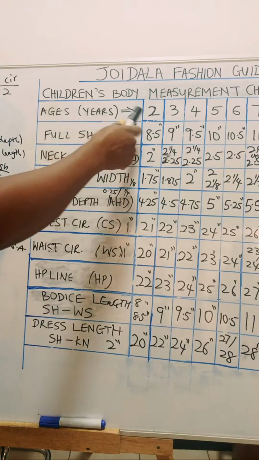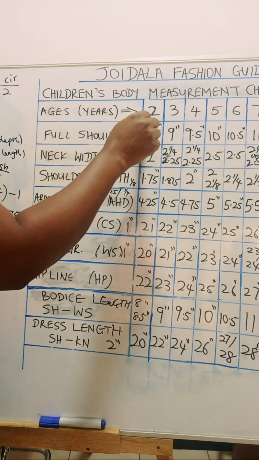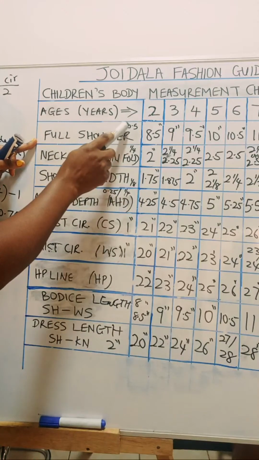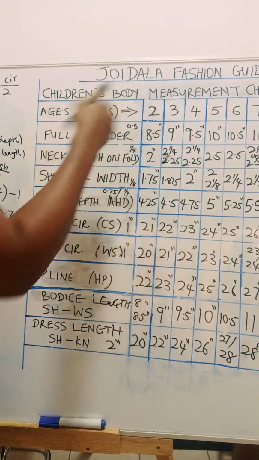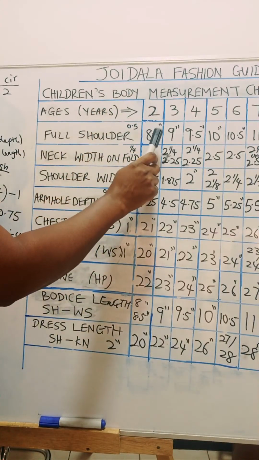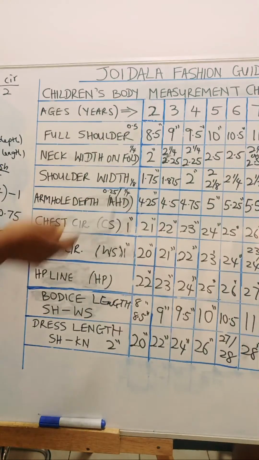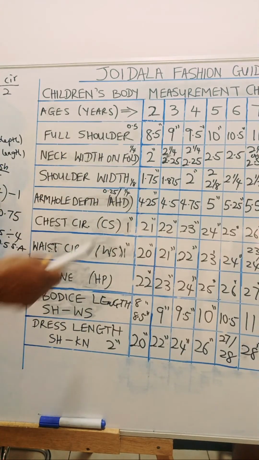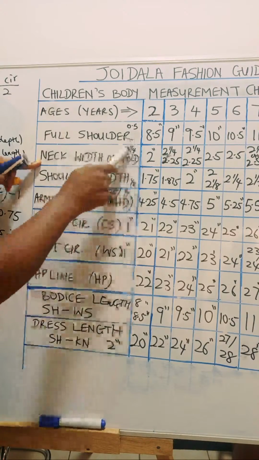So if you want to go for 1 year, for example, since you already know that for a 2 years old child the full shoulder is 8.5, and you know that there is an increase of 0.5, it means that if you want to have a 1 year old, just subtract 0.5 from this 8.5, and that will give you 8. So for a 1 year old, you will make use of 8. Okay, the neck width, we already said that there's an increase of a quarter.